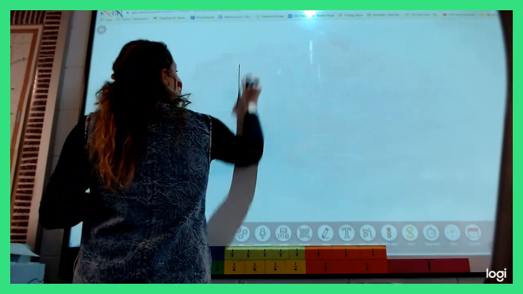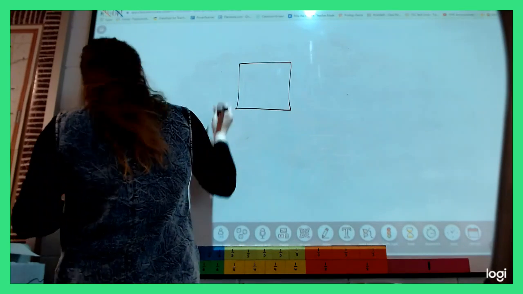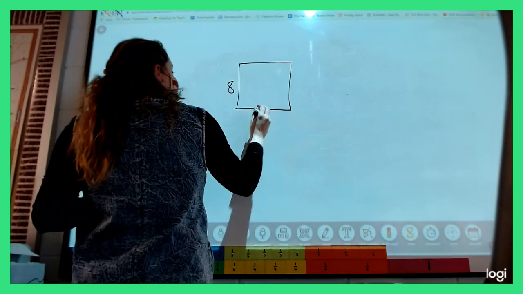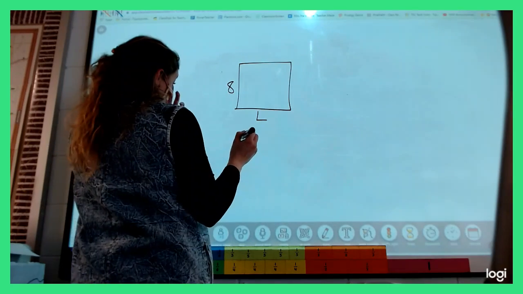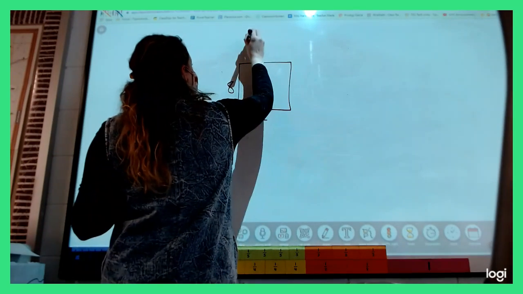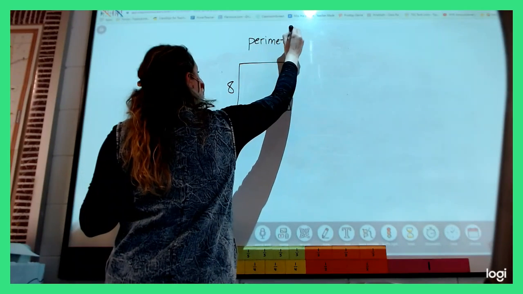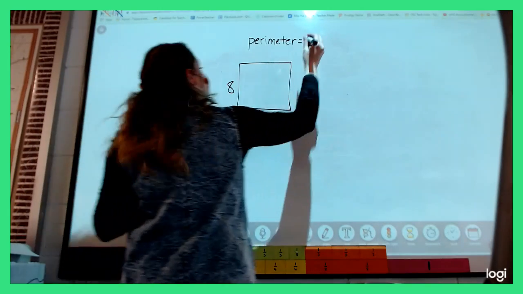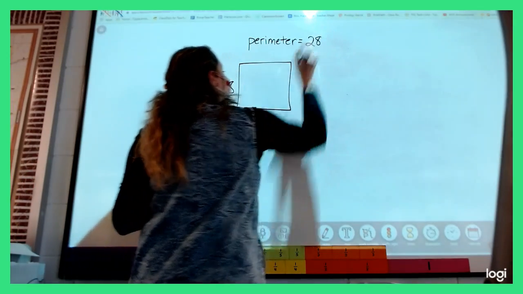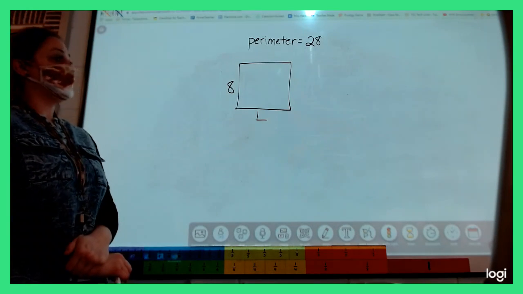All right, we've got kind of a shape like that. It's not a square. Our width is 8. Length is unknown. We don't know our length. But our perimeter, we do know. Okay, so we have 3 steps.